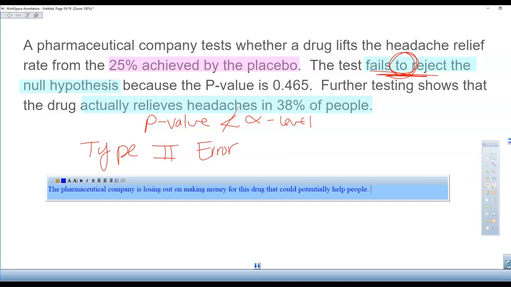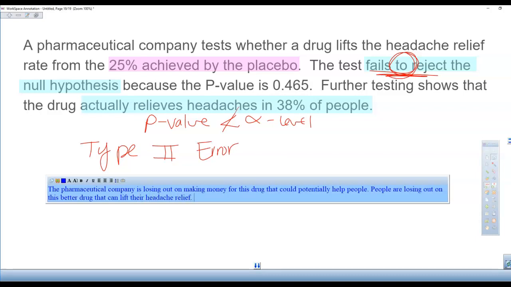And then also, if you think about it, people are losing out on this better drug that can lift their headache relief.